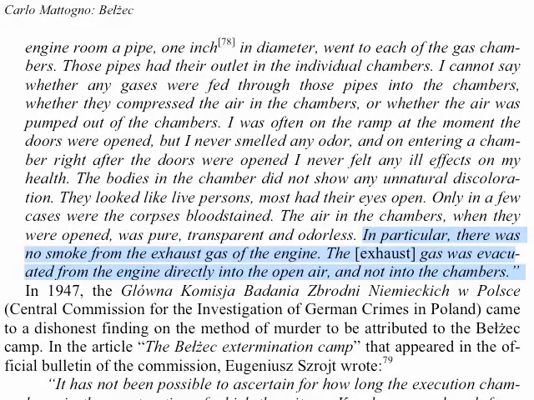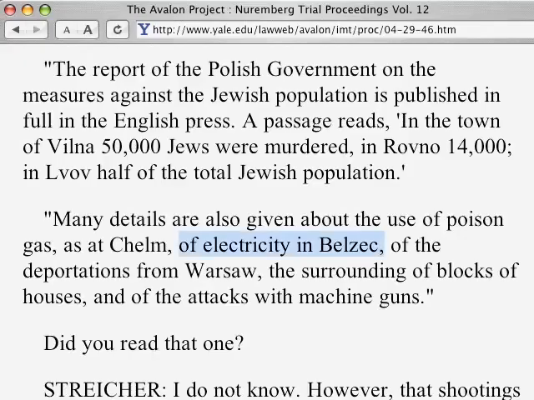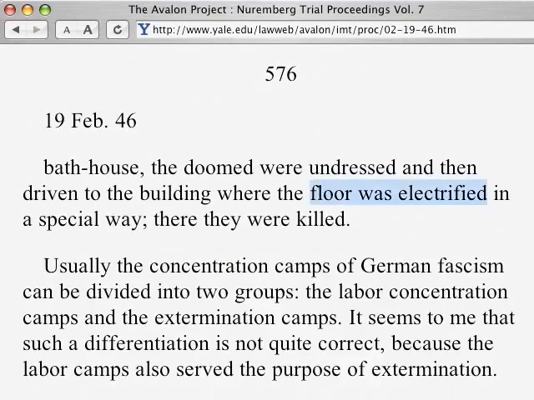The exhaust gas was evacuated from the engine directly into the open air and not into the chambers." That was page 38. Then remember that at Nuremberg it was also said that engine exhaust was not the method of execution. The Soviet prosecutor said an electric floor caused the deaths.